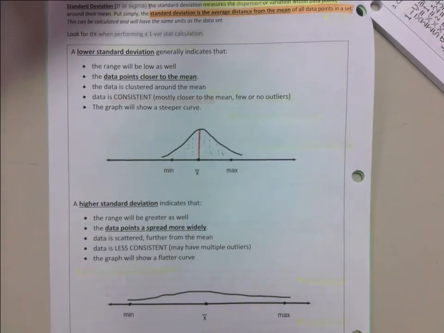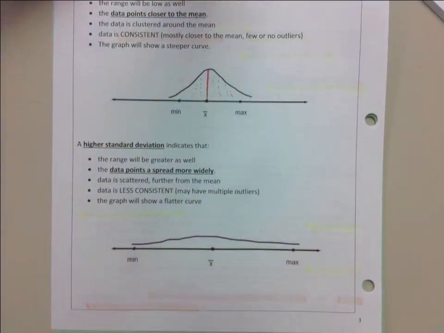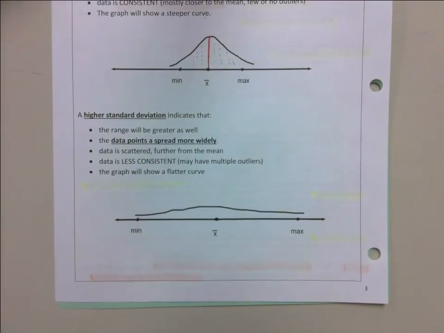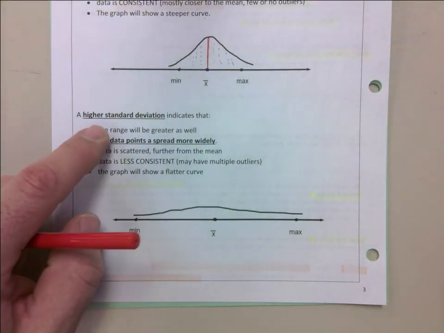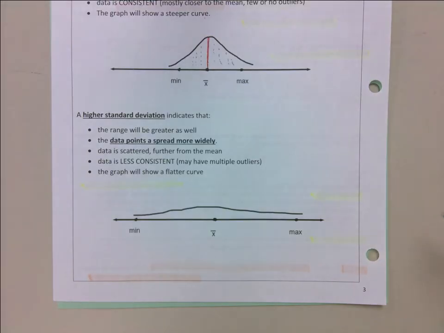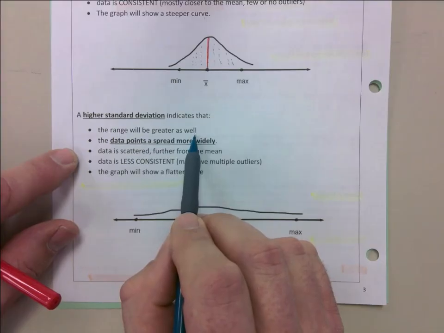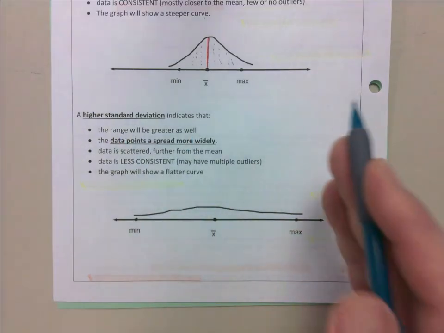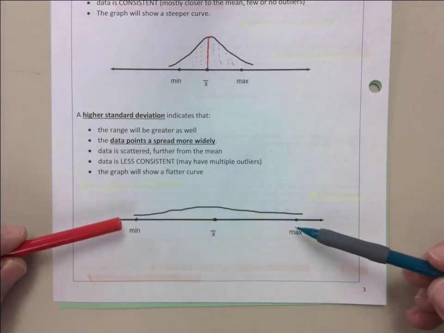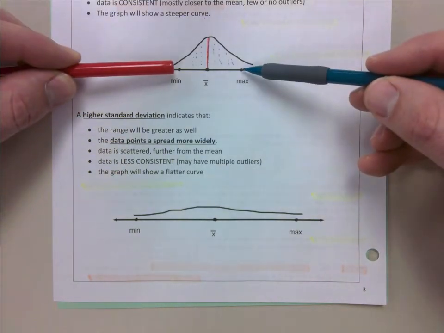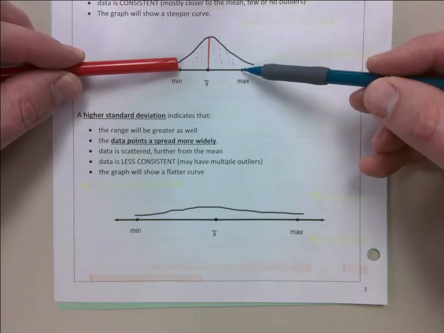Some students just flat out add this to their study sheet because it's too much for them to take in right now. A higher standard deviation indicates the exact opposite. The range will be greater. Remember, range is the difference between the max and the min. And look at the graph. Compared to our max and min here, they're closer.